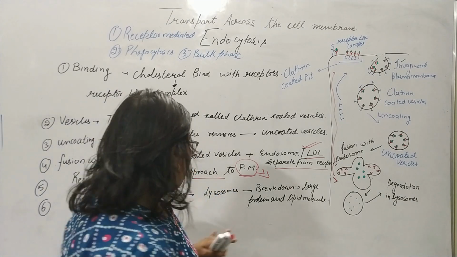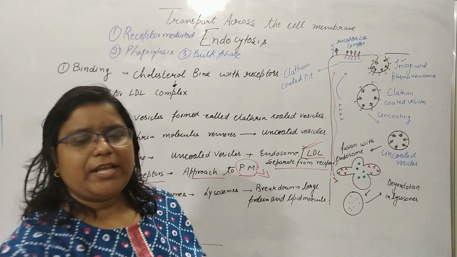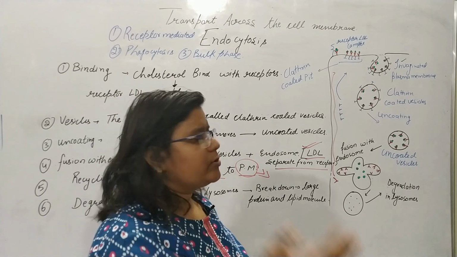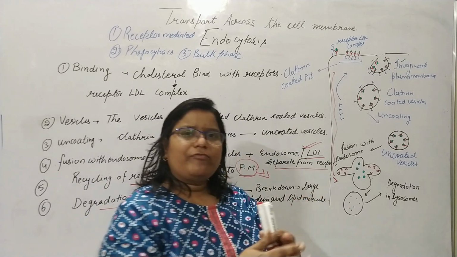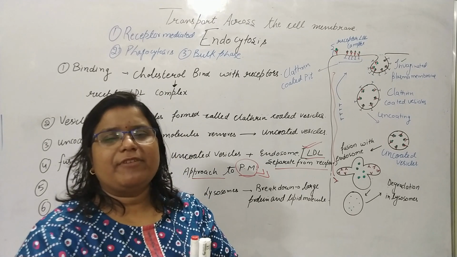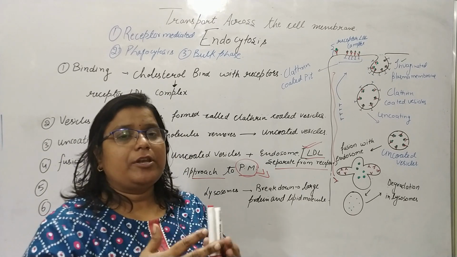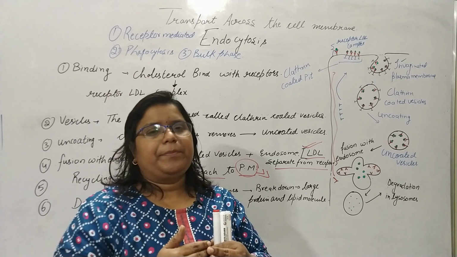After this, only the large protein and lipid molecules are present in the vesicle. The lysosome attaches, and with the help of enzymatic processes these molecules break down. This is all for receptor mediated endocytosis.